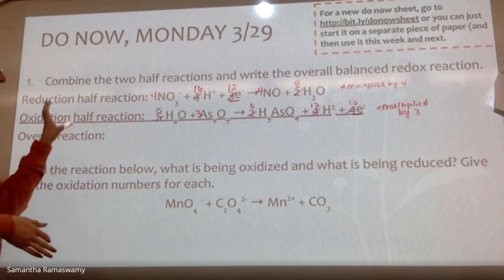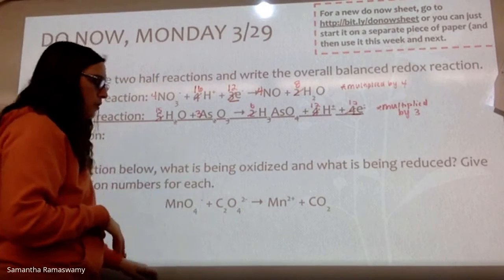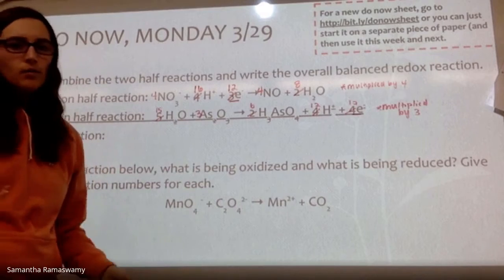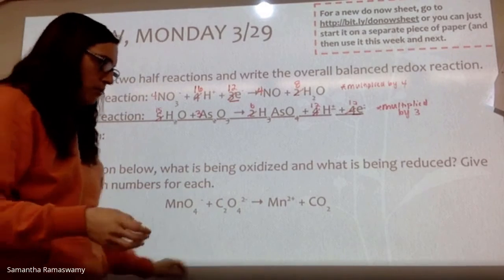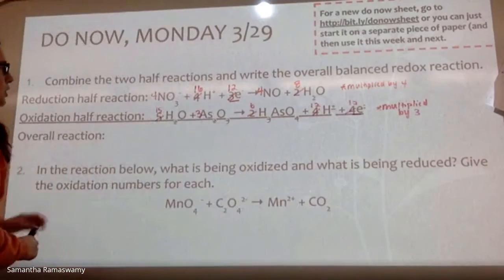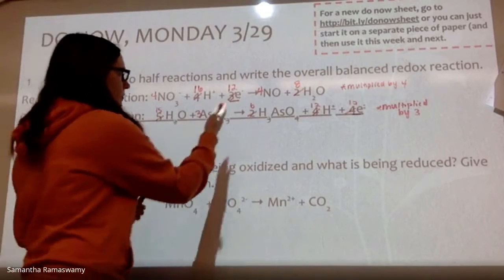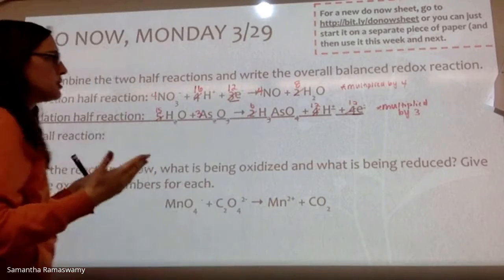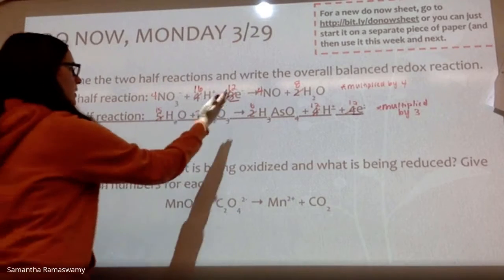Now, whether you want to add them together and then cancel, or you want to cancel first, whichever way you do it is up to you. I'm going to look at canceling first so I don't have to rewrite it twice. So when I add these together, here are arrows. They're close to being as lined up as possible.